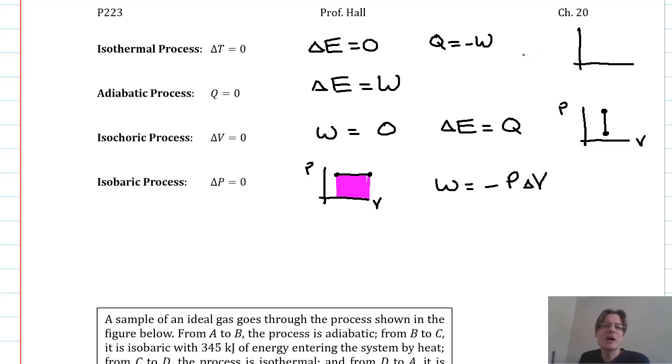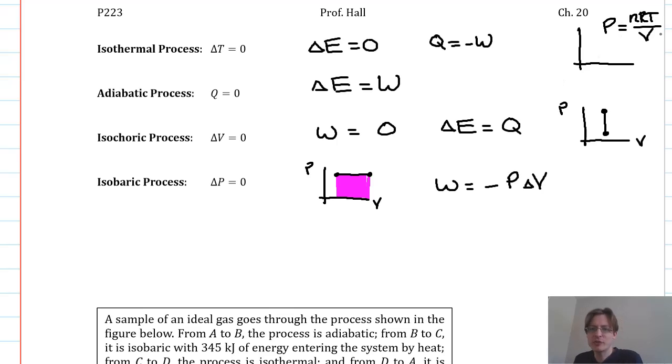That means P times V stays constant. Remember the ideal gas law. If T doesn't change, and of course n is not changing either, that means PV equals nRT, means P times V is constant. It means that P, we can write down exactly what it is. It means that P is equal to nRT divided by V.